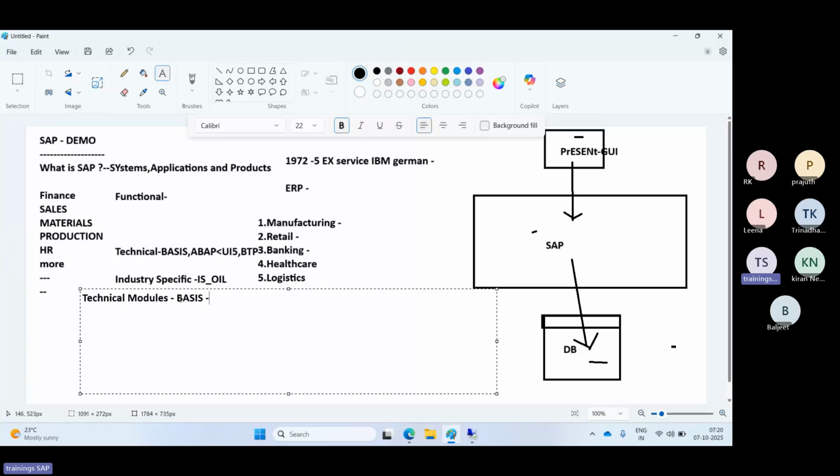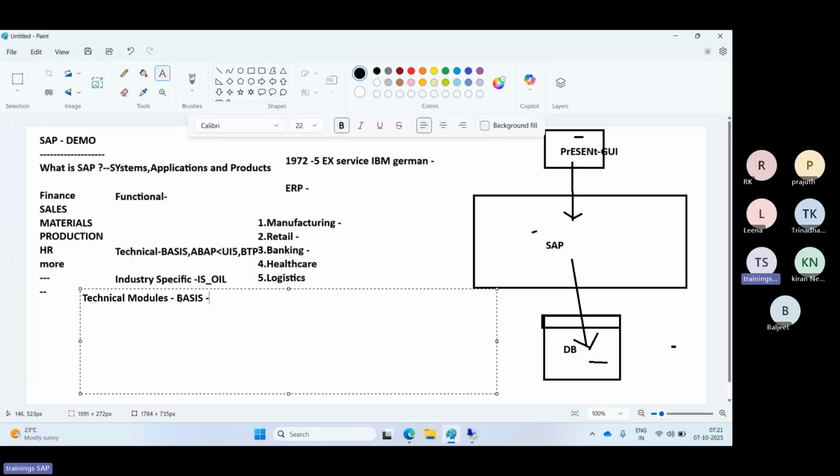Why? Because we are the ones who implement the SAP systems, and handle monitoring, managing, and maintenance activities: stopping, starting, applying patches, monitoring, and moving changes. If the system is down, we are responsible. So we are the core team here.